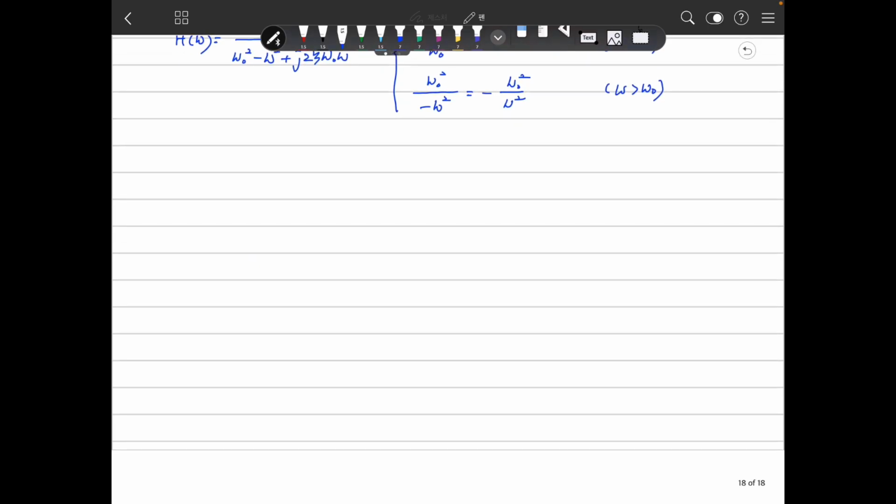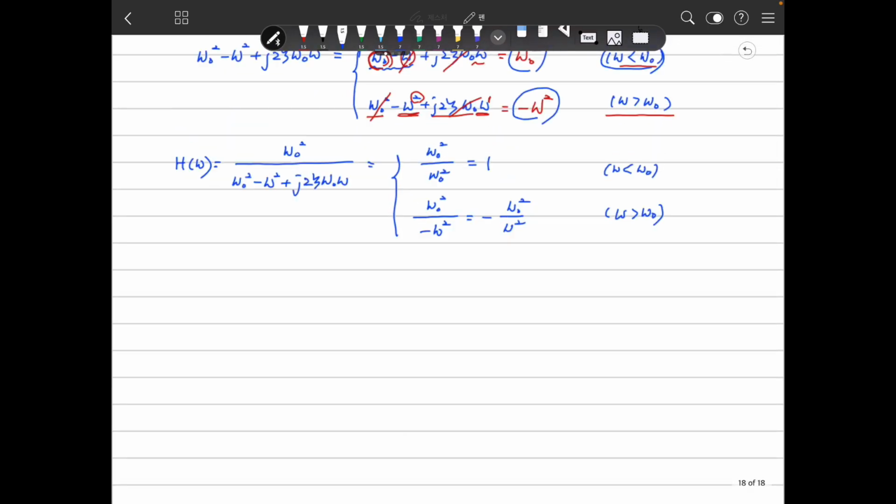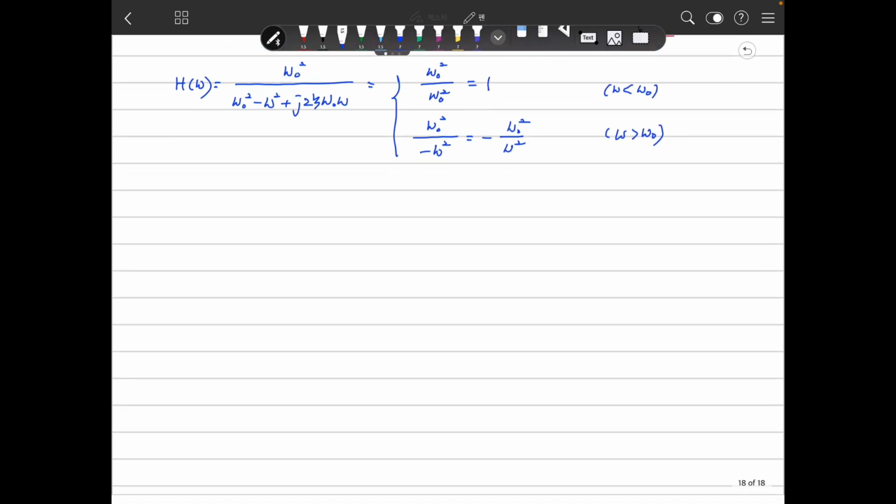So to draw the Bode plot here, what should we do? We should represent the magnitude of H in dB, 20 log of the magnitude of H. When omega is less than omega 0, that is 20 log 1, so there will be 0 dB.